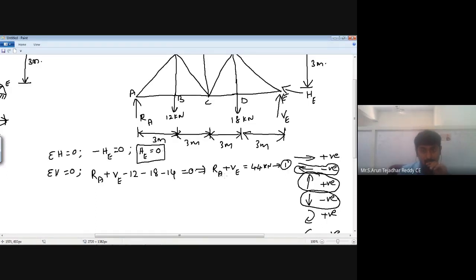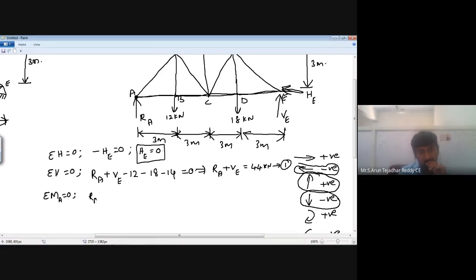Calculate these two unknowns by using moment about any one point, either A or E. Here I am going to take moment about A equal to 0. It means whatever forces pass through point A give 0. Here RA passes through A, and HE also passes through A, so both will be 0.